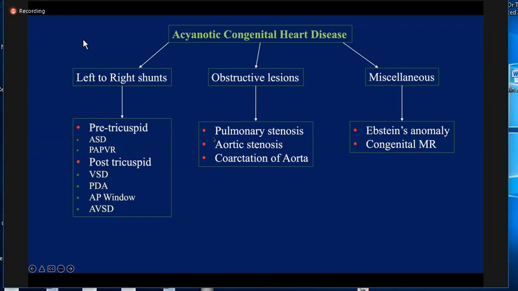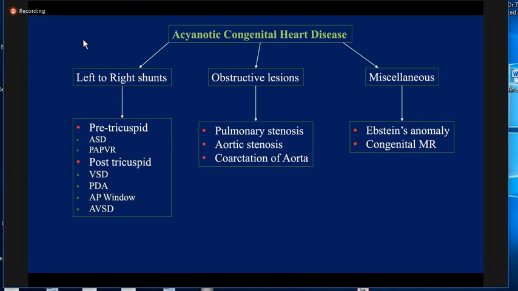Left to right shunts are defined as pretricuspid shunts and post-tricuspid shunts. In obstructive diseases, you have right heart obstruction and left heart obstruction, and in miscellaneous, you have regurgitations or other structural abnormalities like Ebstein's anomaly. All these things come under classification.